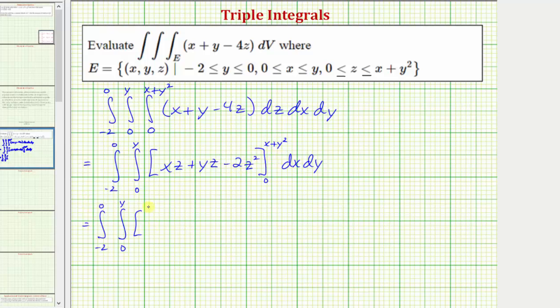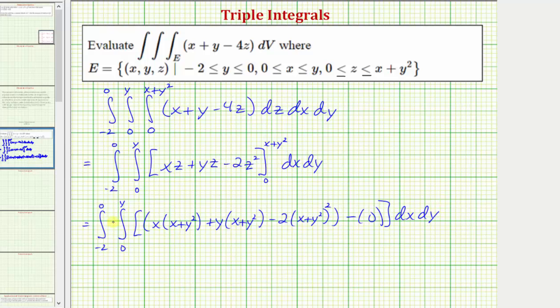So for F(b), we're going to have x times the quantity x plus y squared, plus y times the quantity x plus y squared, and then minus 2 times the quantity x plus y squared raised to the second. So all this is F(b), and then minus, when z is equal to 0, notice each term does have a factor of 0, so we're just going to have minus 0.